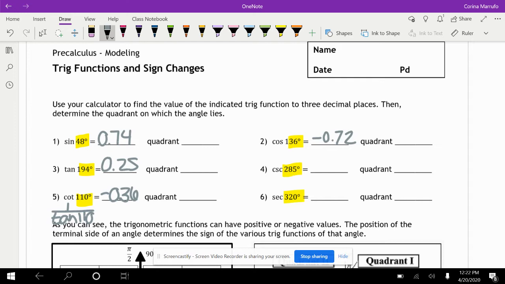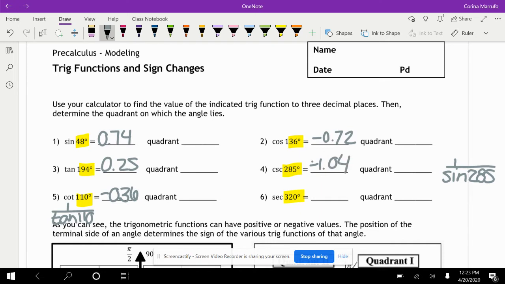And then we have cosecant. The reciprocal of cosecant is sine. So when we put this one in our calculator, we have to put it in as 1 over sine of 285. And so that 1 over sine of 285 gives us negative 1.04.